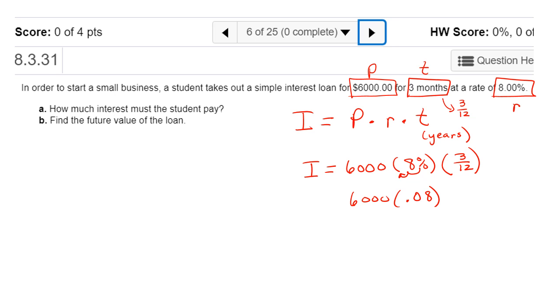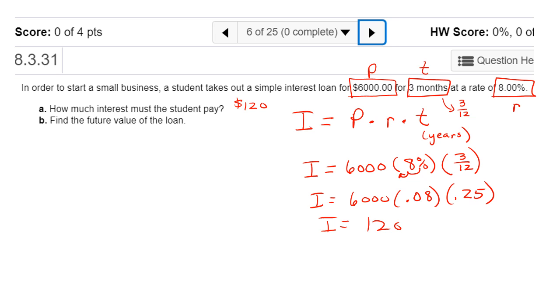Also, you could put 3 over 12 in your calculator and change that to the decimal, 0.25. Then you multiply these 3 numbers together, 6,000 times 0.08 times 0.25, and this will give you the amount of interest, which is question A, that the student would have to pay back.